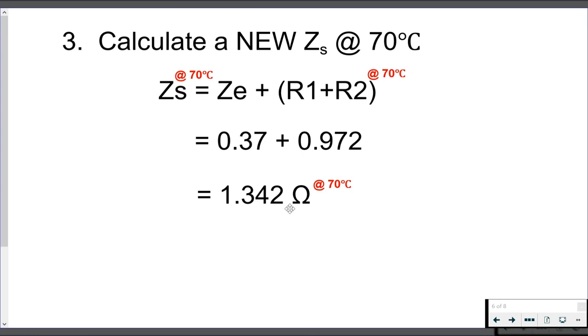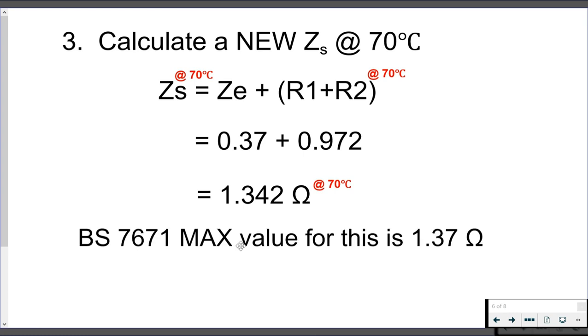0.81 ohms. This 0.37 ohms, the Ze, the external earth fault loop impedance, we have no control over. When we applied our correction factors to the on-site guide values, we applied those correction factors to the entire earth fault loop impedance, the Zs value.